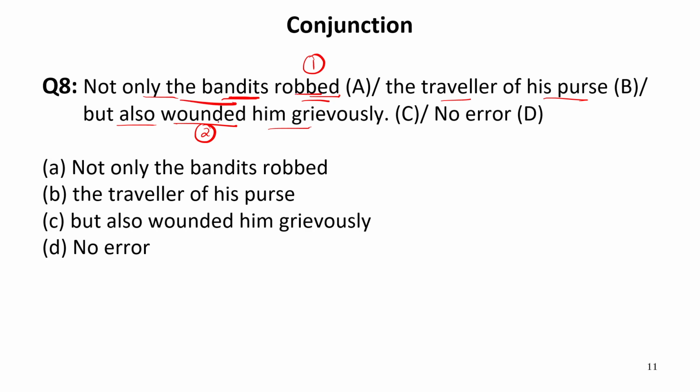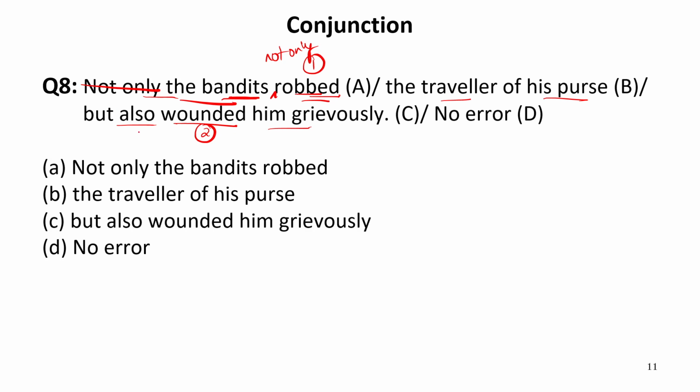Now, these bandits are not included in the options, or these are not the two things which are talked about in the sentence. Therefore, this position of not only is incorrect in the sentence. It should be before robbed, but also position is correct. So, the position of but also is correct, whereas not only's position is not correct.